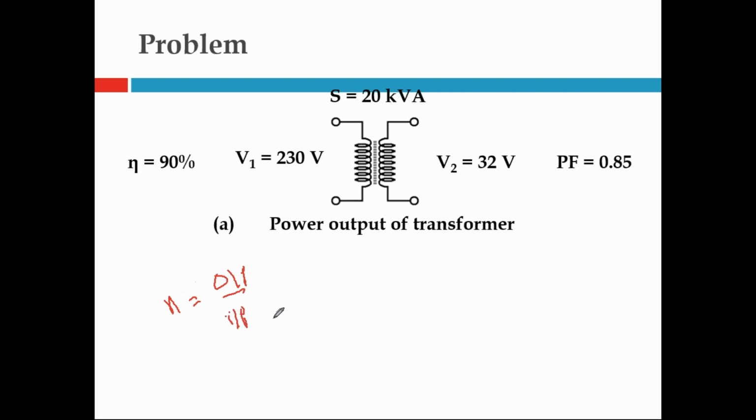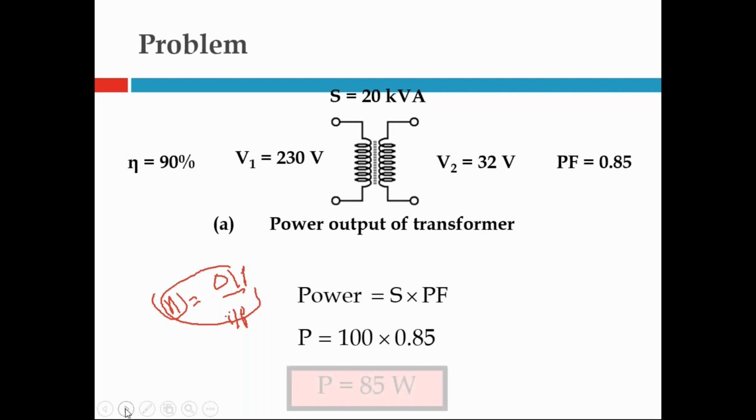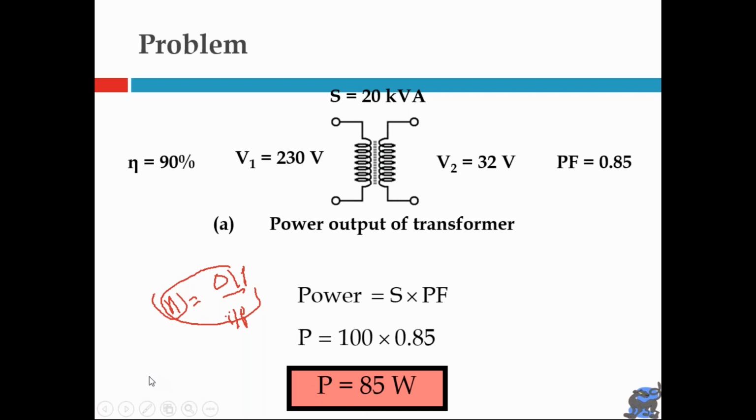From this you can calculate the output power of the transformer. Here we know the value of efficiency, 90%. Then how can we represent the input power? The power is given by S into power factor, so 100 into 0.85. So the power is 85 watts. This is the value of the output power.